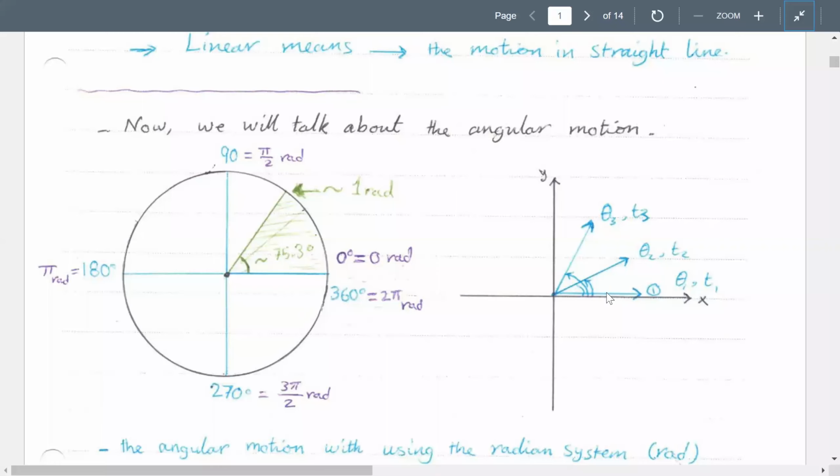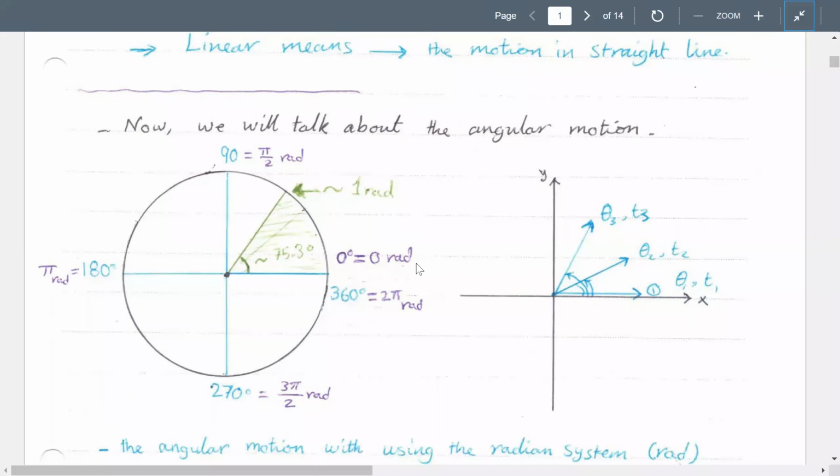So for example, at this position, we don't have XY, we have theta. And the time is the same. We have here, for example, theta 1. Here we have theta 2. Here we have theta 3. Okay, so the motion will depend on theta, the angle of rotation. Also, it will depend on the radius. We will see that now.